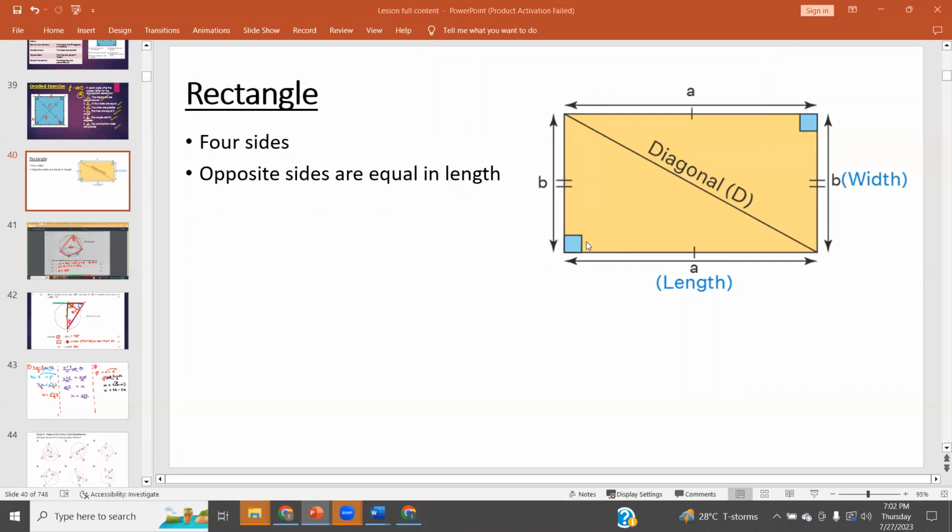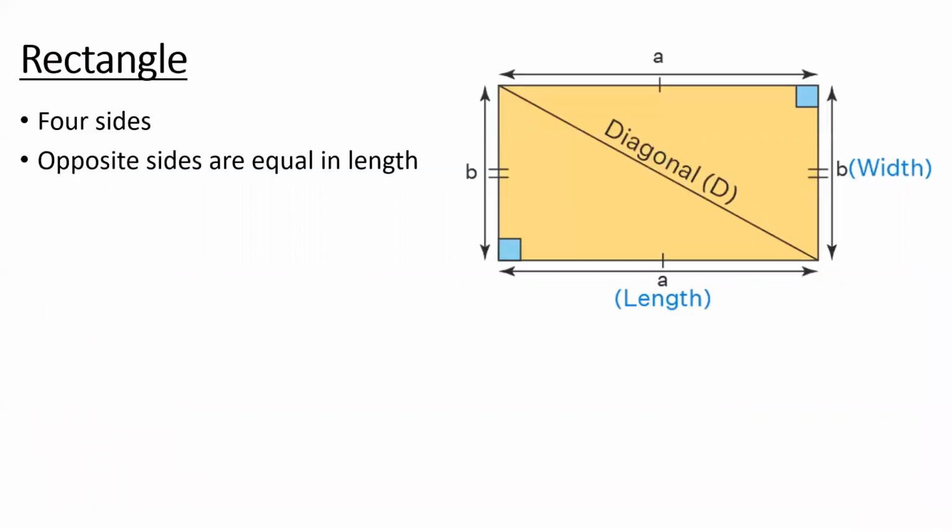angles, right? Not greater than 90, exactly 90. How do you know it's 90 degrees? The square in the corners.